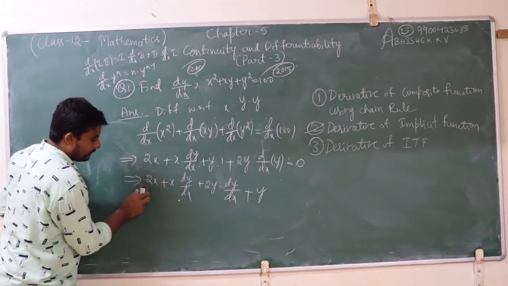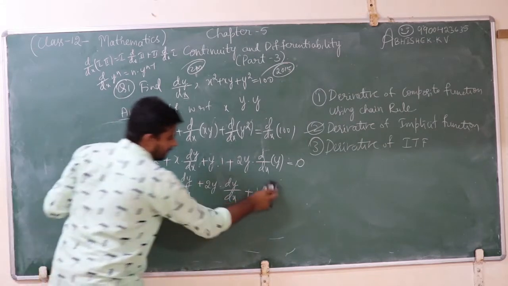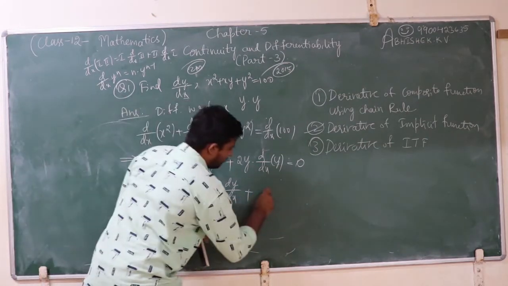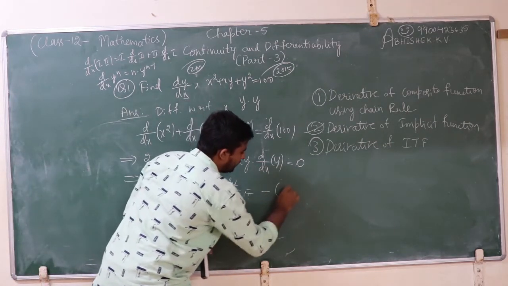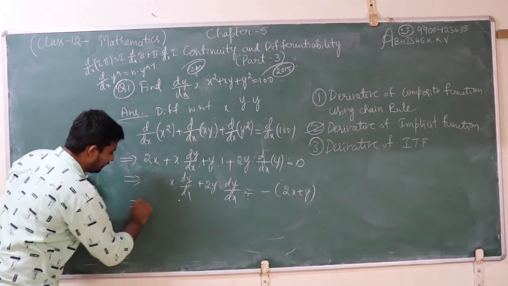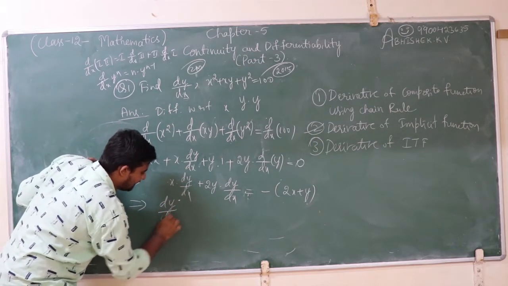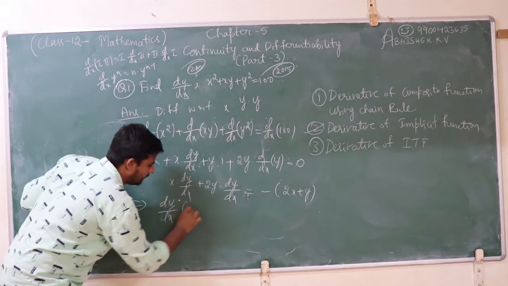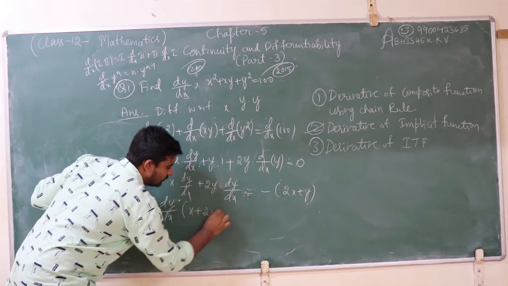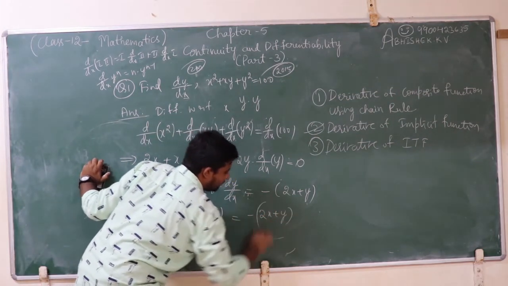Transfer 2x plus y to the RHS. Then it becomes minus of 2x plus y. We need to find dy by dx, so take dy by dx as common from these two terms. We are going to get x plus 2y, which is equal to minus of 2x plus y.